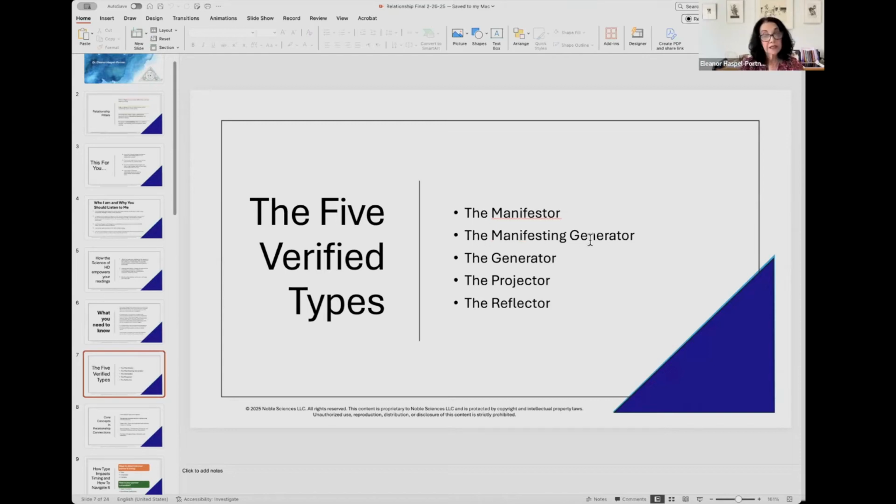There's the manifesting generator, who is someone who has the manifesting channels, but also has the sacral center activated. The generator has an activated sacral center. Projector has no definition to the throat from a motor or a fuel, and does not have the sacral center activated.